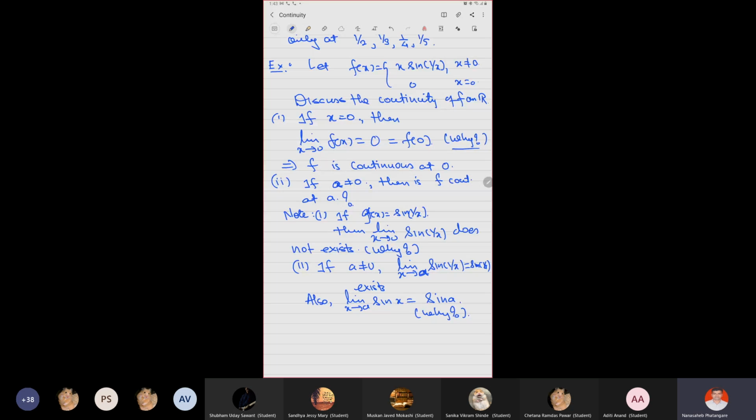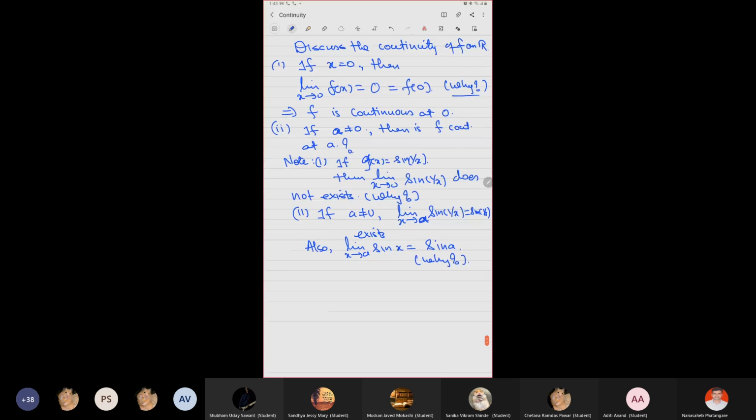Sine 1 by a, which is the same as g of a. So can I say that g of x is equal to sine 1 by x is continuous at a not equal to 0?